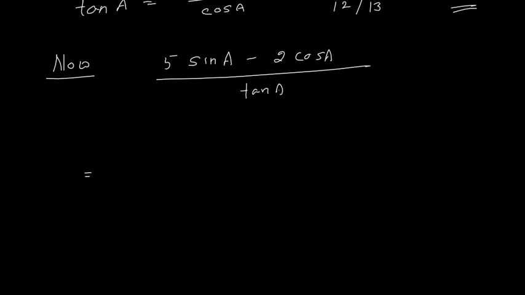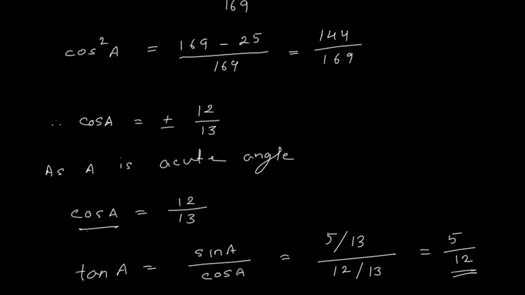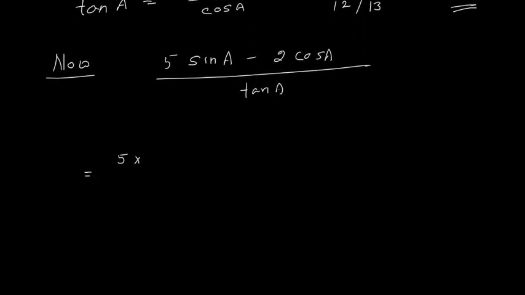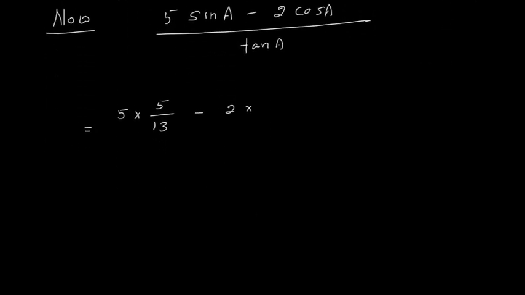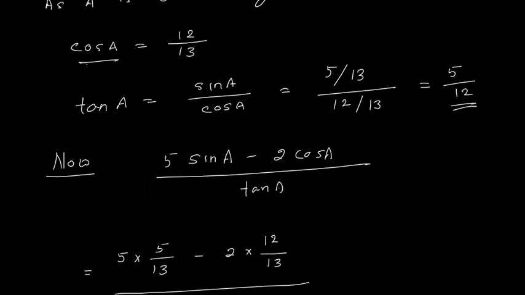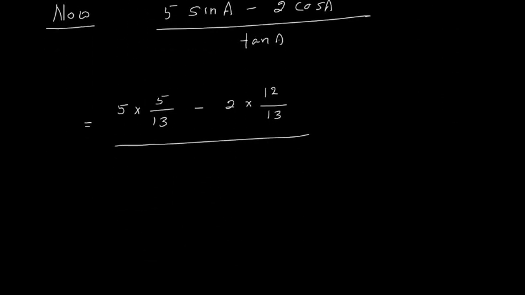This will be 5 into the value of sin A. The value of sin A is 5 upon 13. So 5 into 5 upon 13 minus 2 into the value of cos A, which is 12 upon 13, whole divided by the value of tan A. The value of tan A is 5 upon 12.